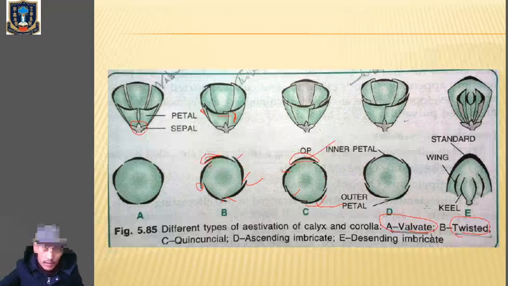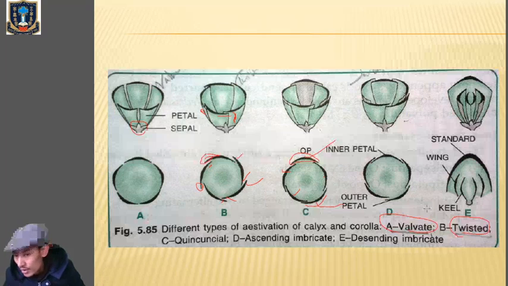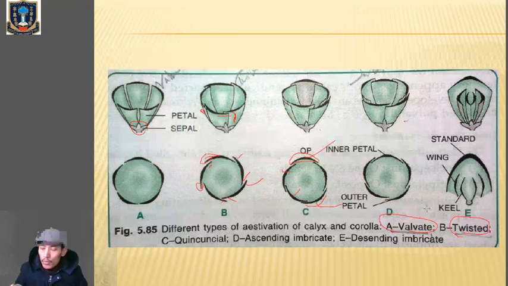So generally there is no need to go into details about the types of imbricate estivation, but you have to go through what is estivation and what are the four types of estivations. No need to go through the subtypes, but just for clarification I am describing the diagram. So just remember, estivation means the mode of arrangement of petals and sepals in a flower bud.